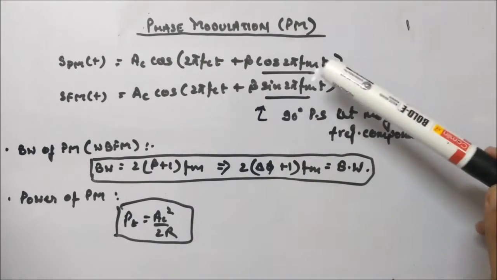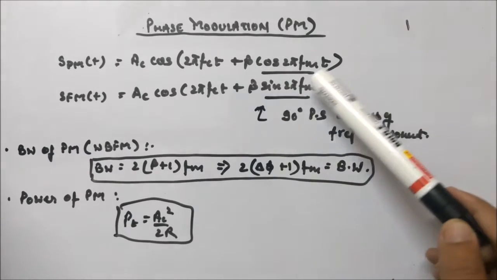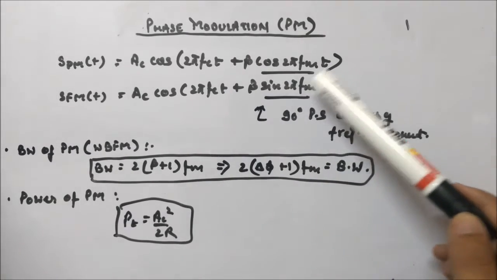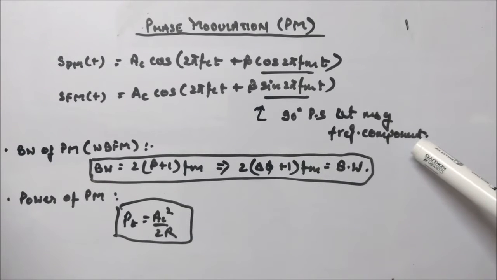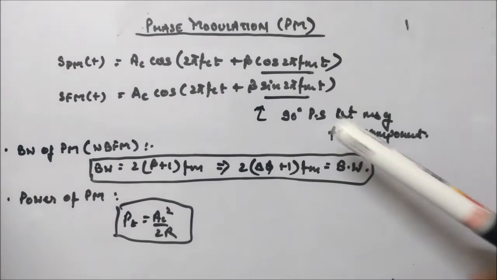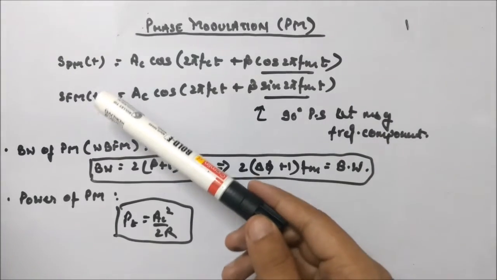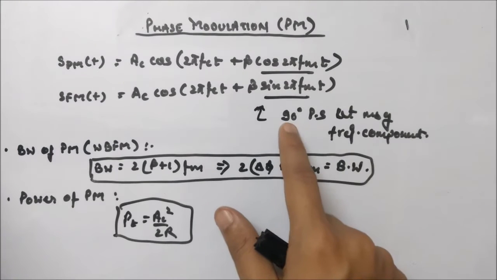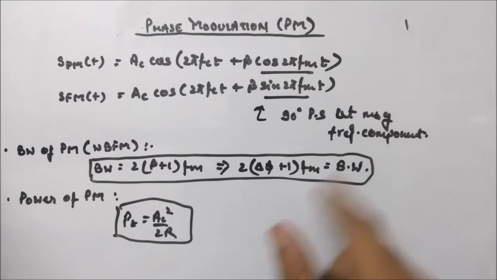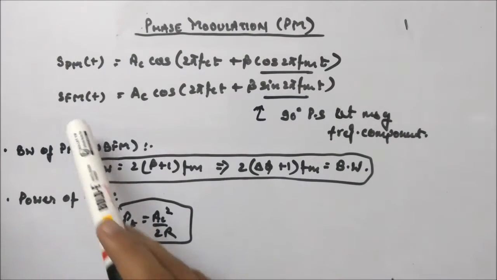If you look at these two equations, there is a difference only in the message signal. There is a 90-degree phase shift at the message frequency component. That's the only difference we can see, and the equations for both of them are similar to each other. So this is how you can compare with FM.